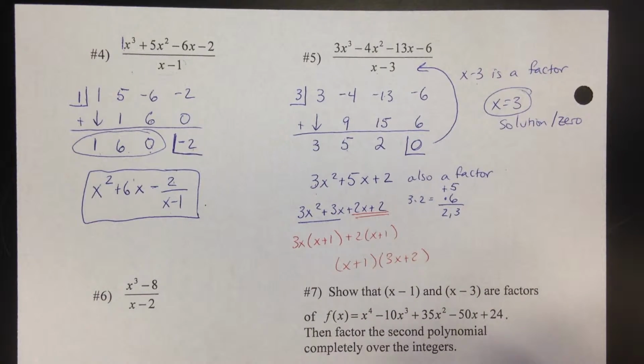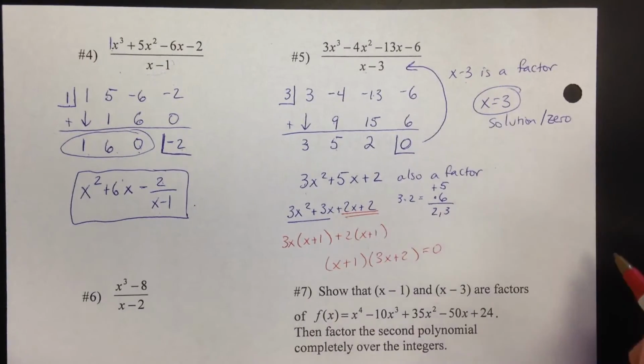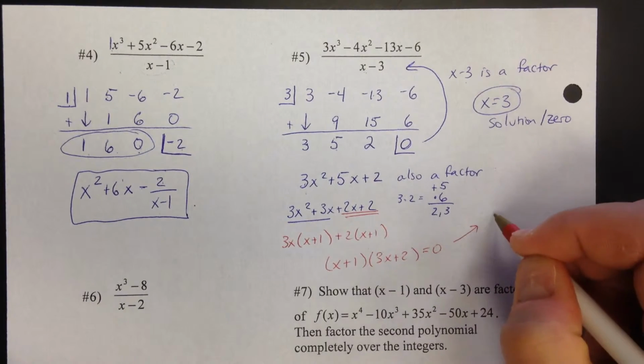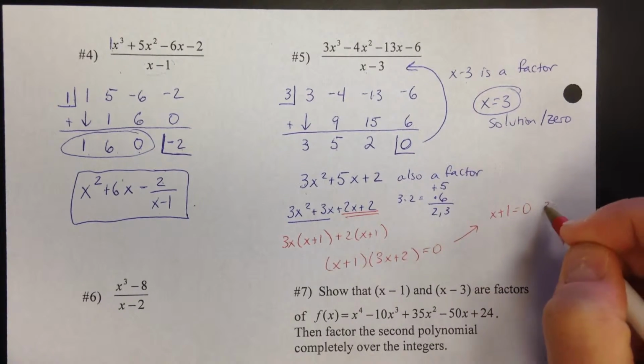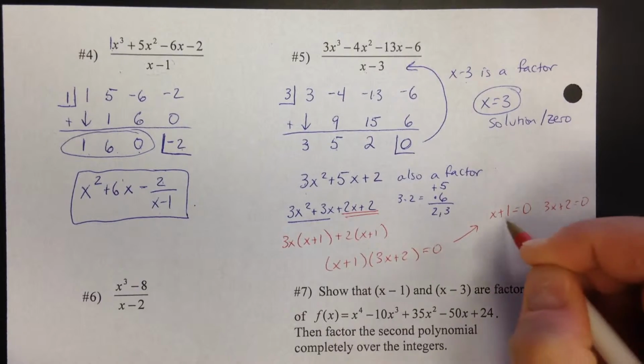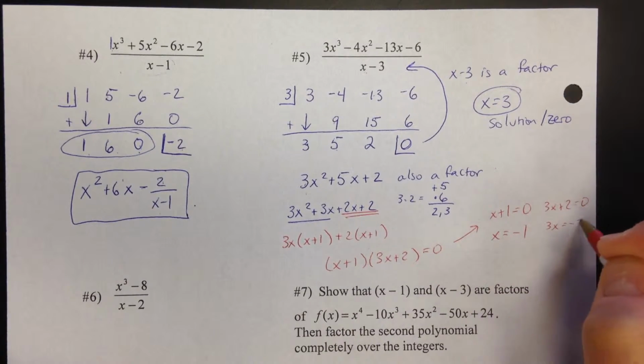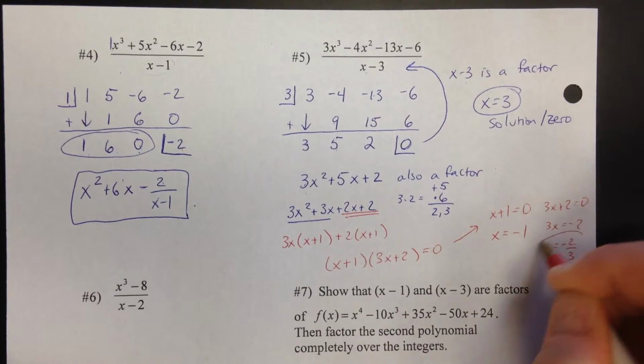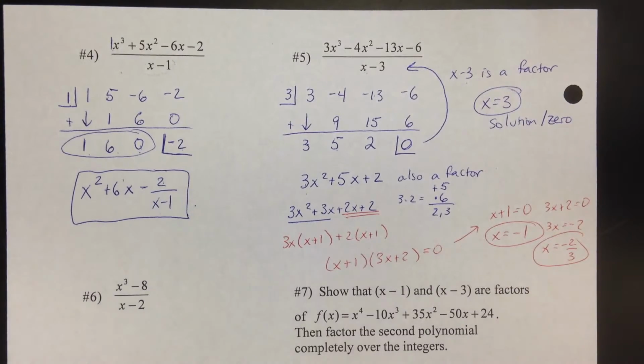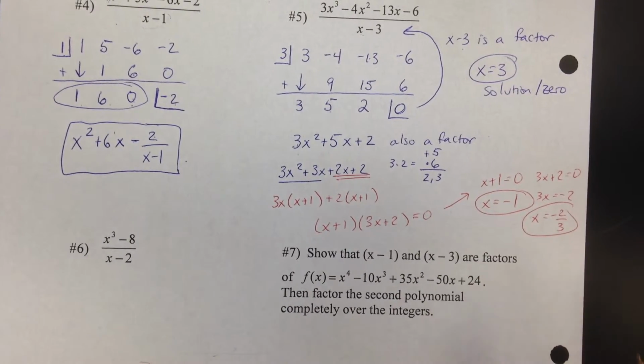Again, if we were going to solve this, we could set that equal to 0, and then take each factor, set it equal to 0 to solve, and we would get x equals negative 1. Now here I would subtract the 2 and then divide by 3. So these would be solutions as well. So what you're going to see is that we can actually solve these equations.